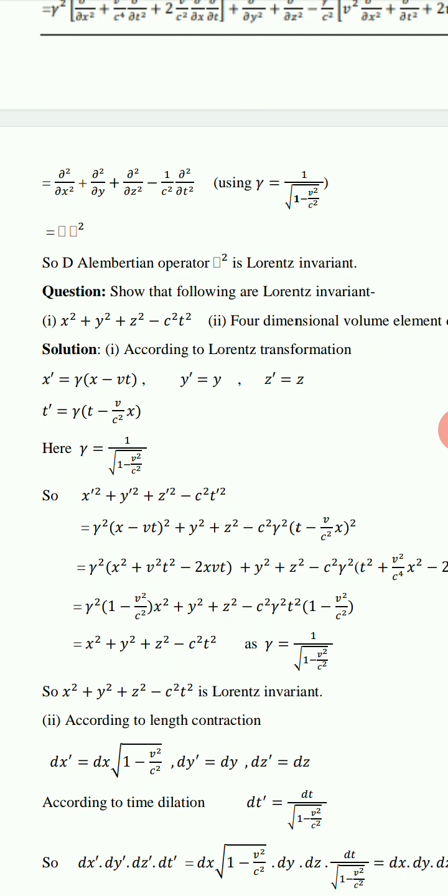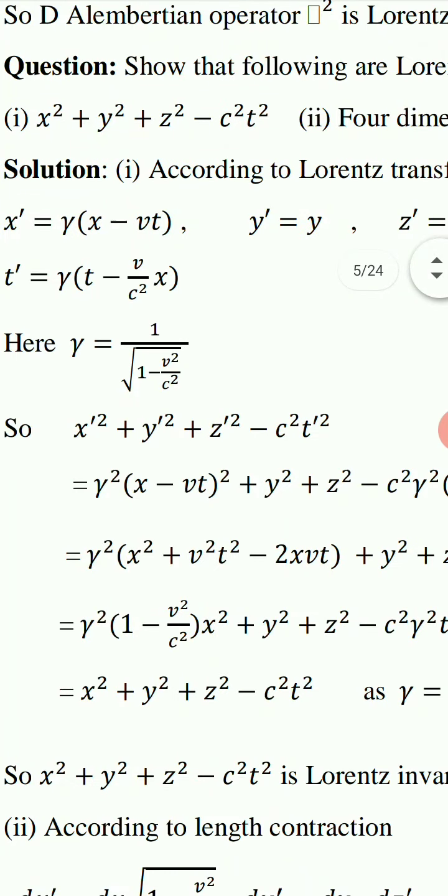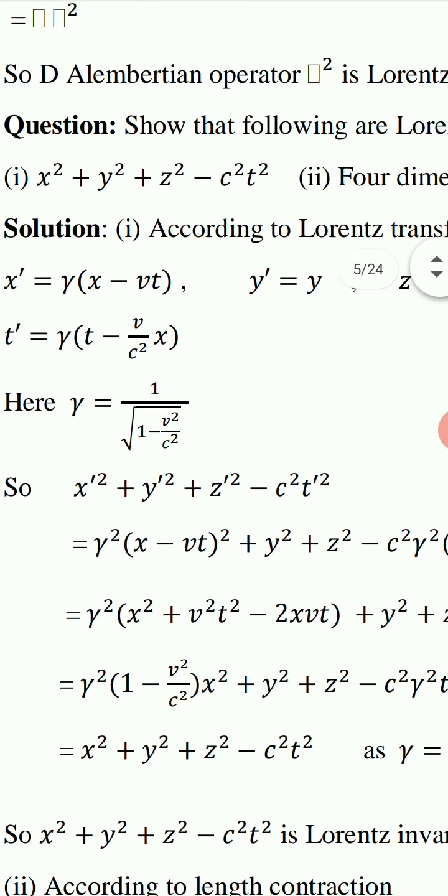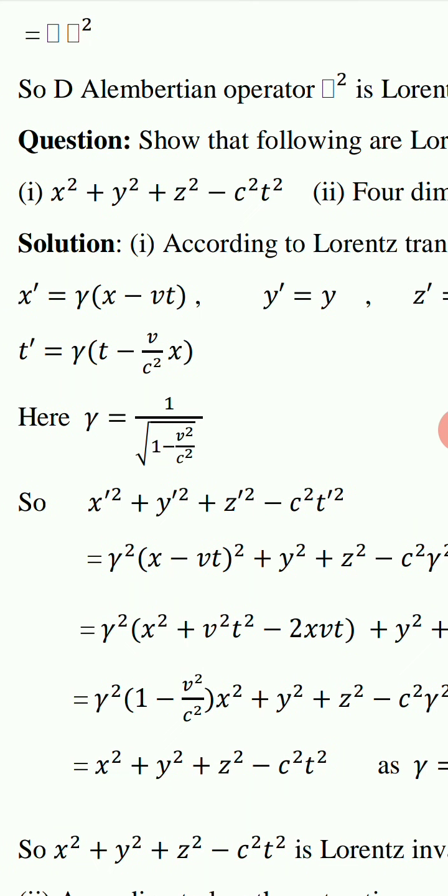To prove the first part, we use the Lorentz transformation: x dash equal to gamma times x minus vt, y dash equal to y, z dash equal to z, t dash equal to gamma times t minus v upon c square x. Here gamma is 1 upon under root 1 minus v square upon c square. Now we want to prove that x square plus y square plus z square minus c square t square is Lorentz invariant.